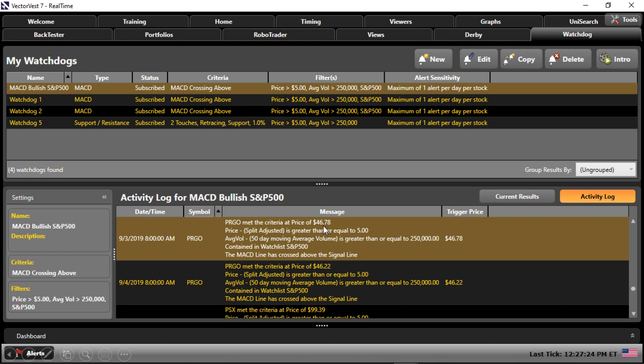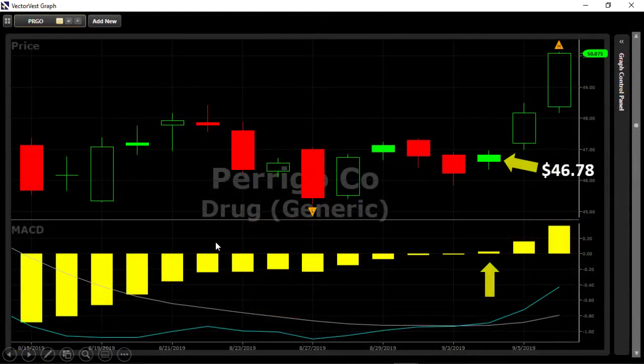It gave me a price, $46.78. There is my bullish crossover. Notice you can see the MACD histogram bars. Were they positive or negative during the month of August into the month of September? They were below zero, right? They were bearish.